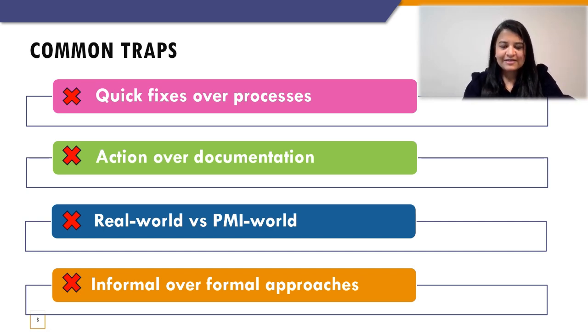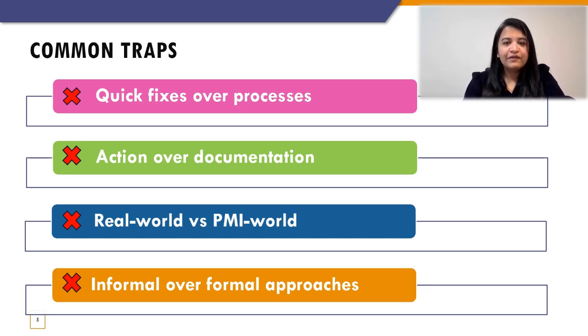The third one is real world versus PMI world. So that is the crucial point of our discussion today. In your real world experience, different things would take different priorities. Like just what we discussed, you will take an action first in the real world and then document it later on. But in your PMI world, there is a different way of doing things.